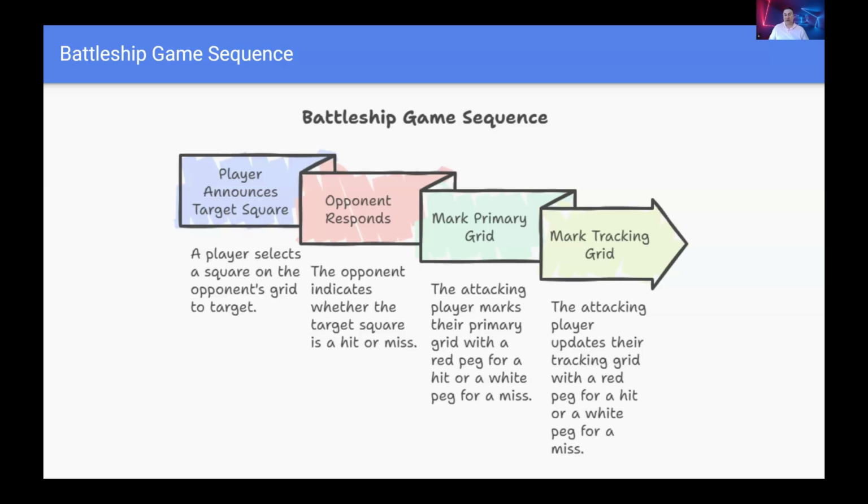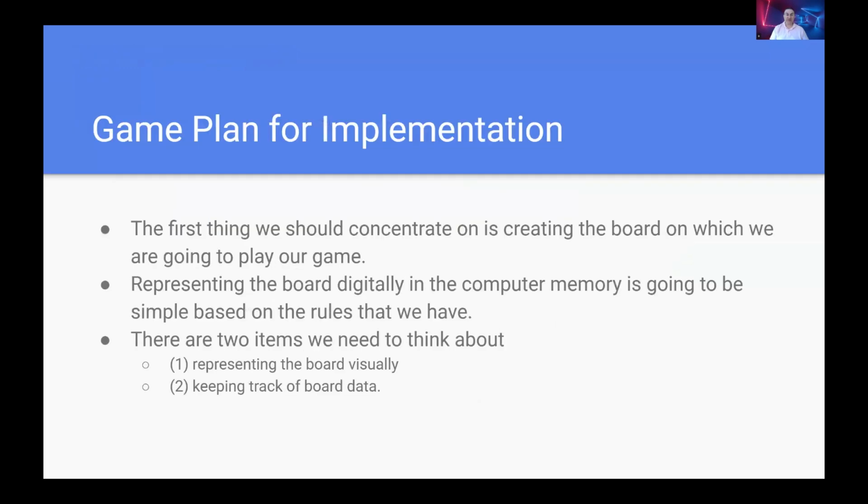And then, continuing on the secondary grid, the attacking player updates their tracking grid with a red peg for a hit or a white peg for a miss as well. The opponent does the same to keep track of the state of the game, basically. This is something that we are going to implement as well throughout the series of videos.